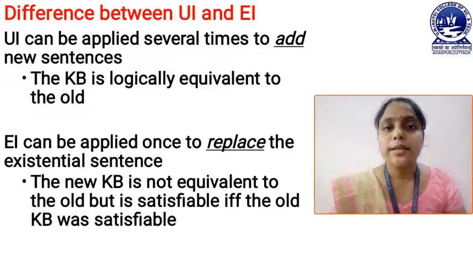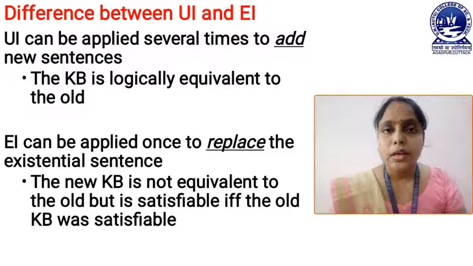Next, existential instantiation, that is EI, can be applied only once to replace the existential sentence. That means in our knowledge base, when we use existential instantiation, it can be applied only once to remove the existential sentence. Then the new knowledge base is not equivalent to the old knowledge base.